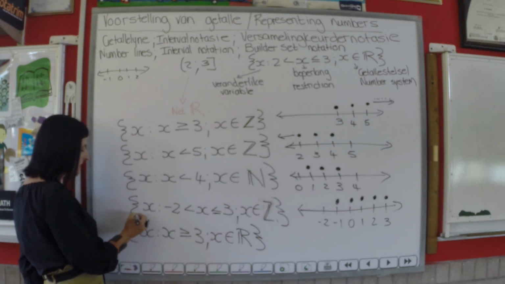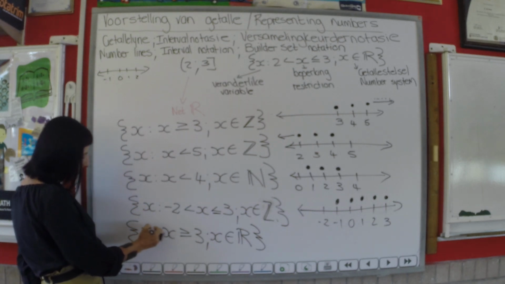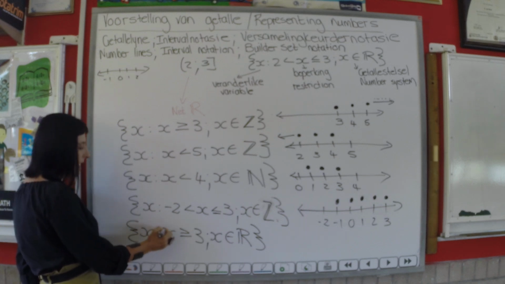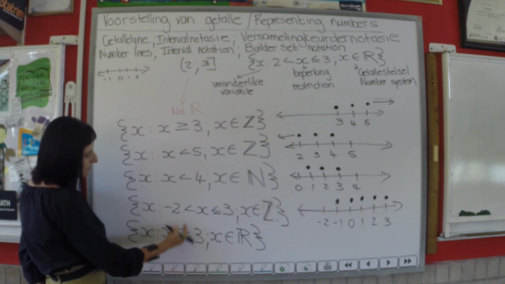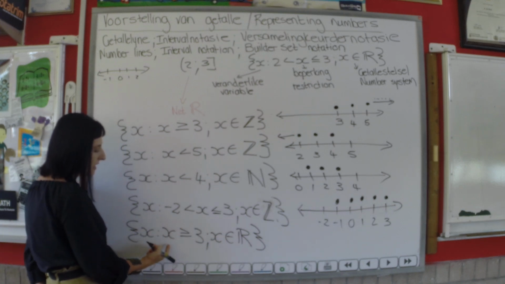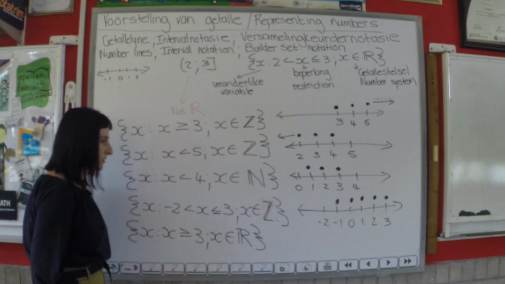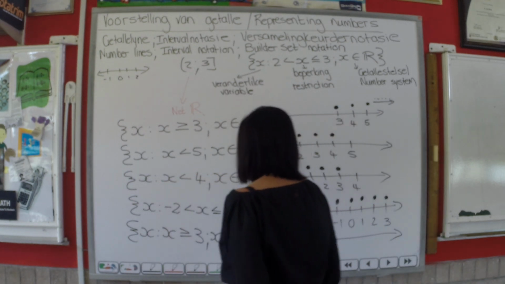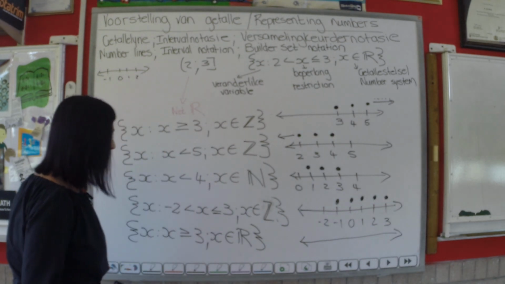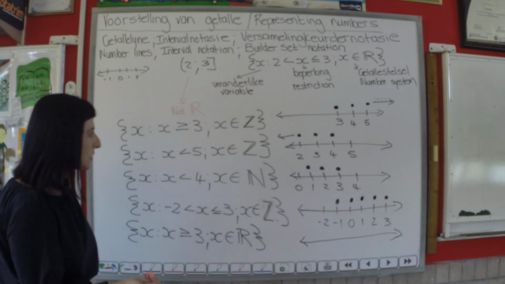You study this, the funny bracket, x, double point, x greater or equals to 3. X is not between two numbers, so it's not written that way, it's written that way, and now I can draw the picture. Real numbers, I cannot present by dots because real numbers is all the fractions included.